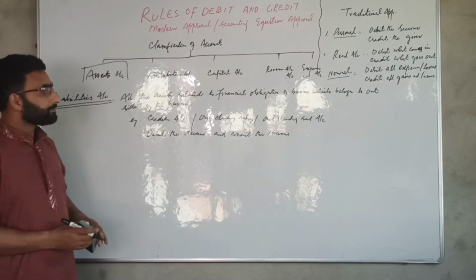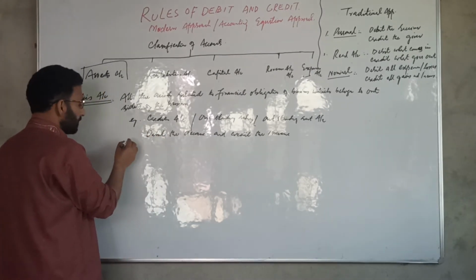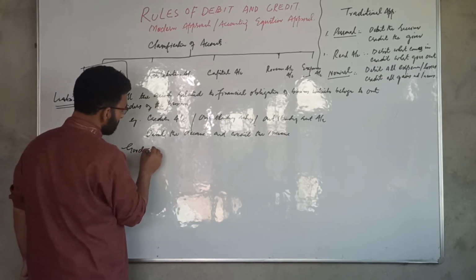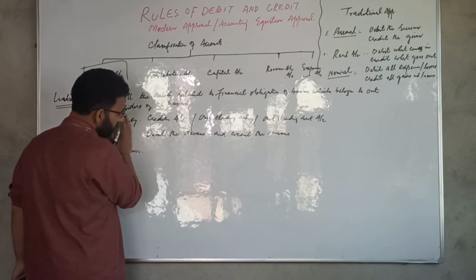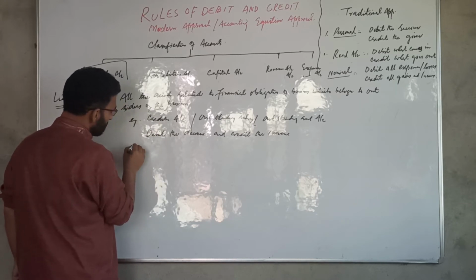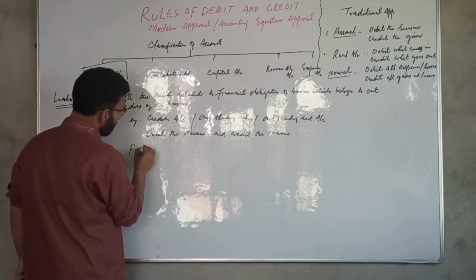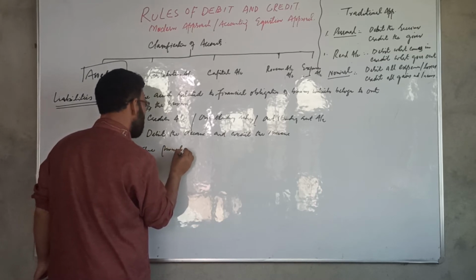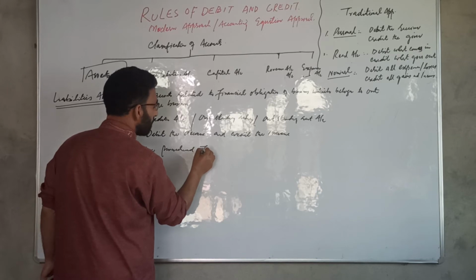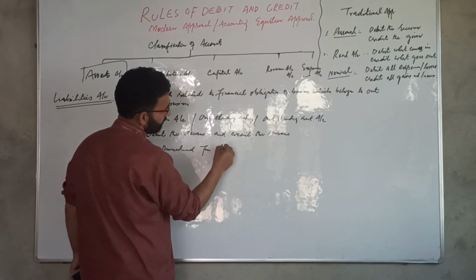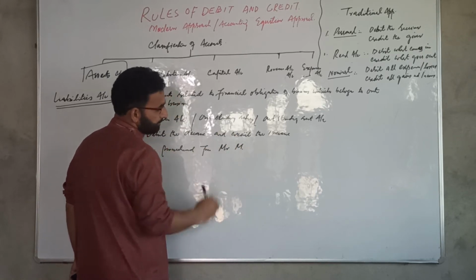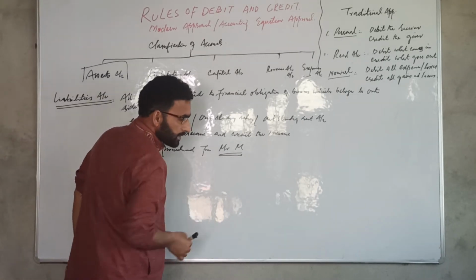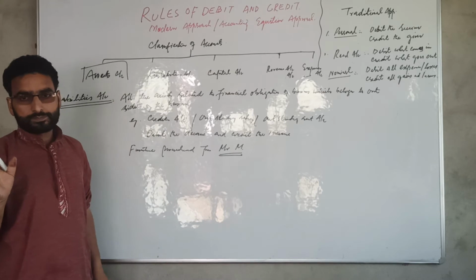For example, goods: furniture purchased from Mr. M. Here Mr. M is an outsider of the business.